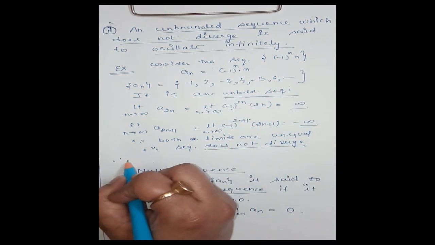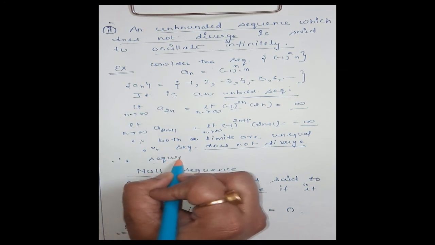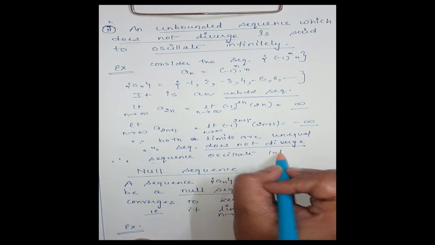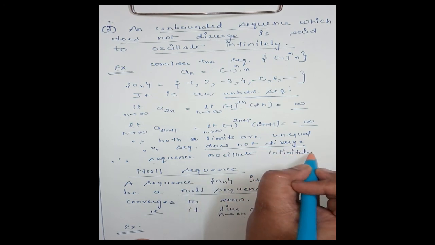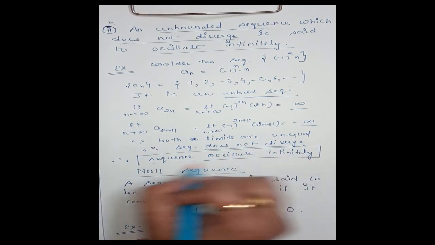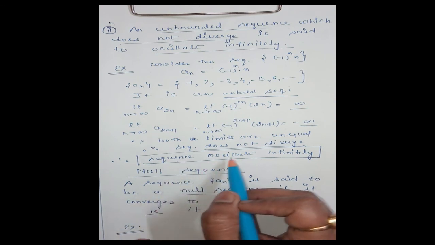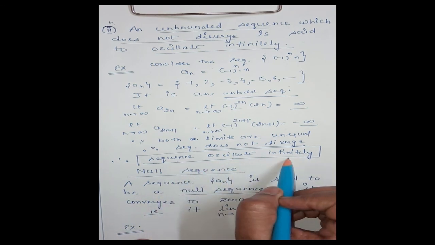Therefore we can say the sequence oscillates infinitely. A sequence oscillates infinitely if it is unbounded and also does not diverge.